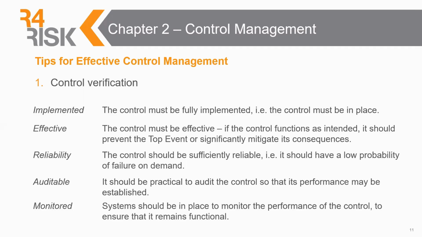It needs to be effective, so it must perform an action that will effectively stop the initiating event or mitigate the consequence. It must be reliable, so when we require it to act, we expect it to act and not fail. And auditable and monitored. So we must be able to have some kind of performance indicators or some data that we can measure to ascertain the health of our controls.